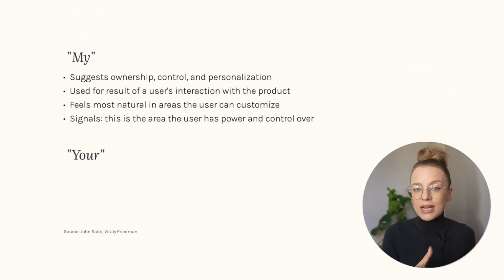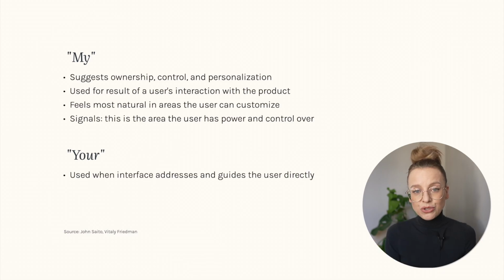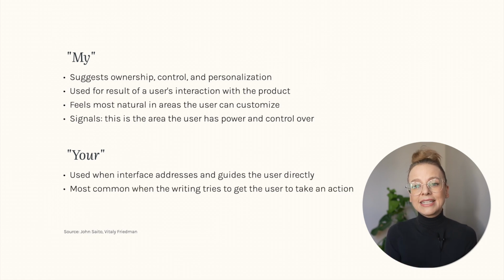"Your," on the other hand, frames the product, the app basically, as speaking to the user. And we use it in situations when the interface addresses the user directly, almost like an assistant who's currently guiding someone through a task. That is especially the case when the writing tries to engage the user, tries to get the user to perform an action.